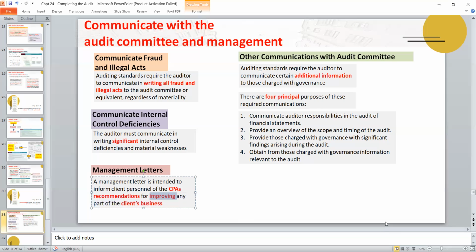It means the CPA gives additional value for the clients. That's why it differentiates the Big Four and the non-Big Four. They have recommendations to improve the client business.